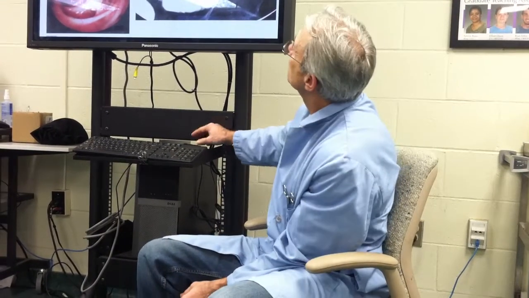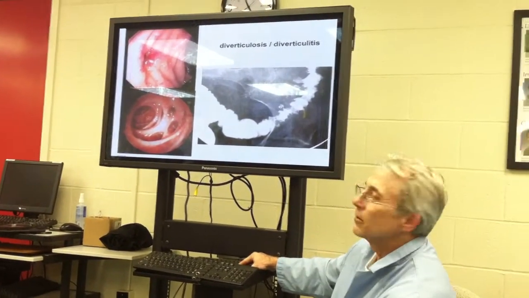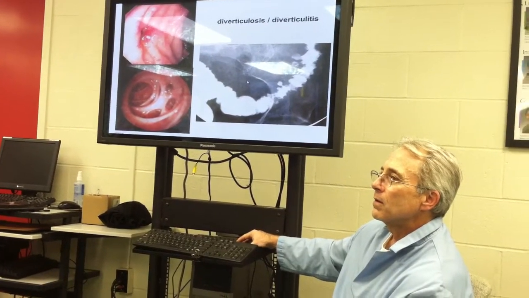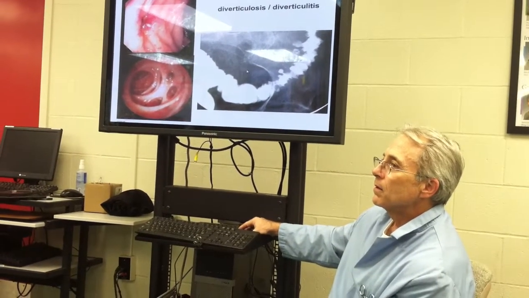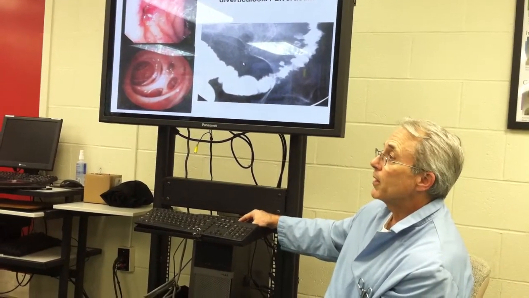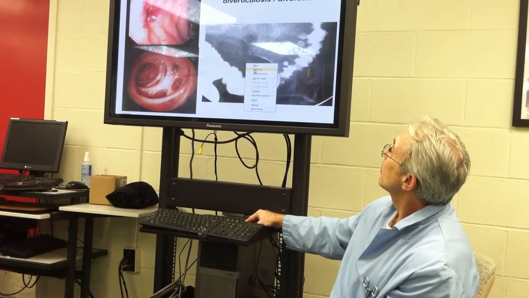So what's happening here when we have a diverticulum, it's diverticulosis, what's happening? Here's an example, you've got some letting off the side of the sigmoid colon. Material got caught in the little pockets, and then bacteria can feed off it. So they can become inflamed, they can become infected, and they can perforate.